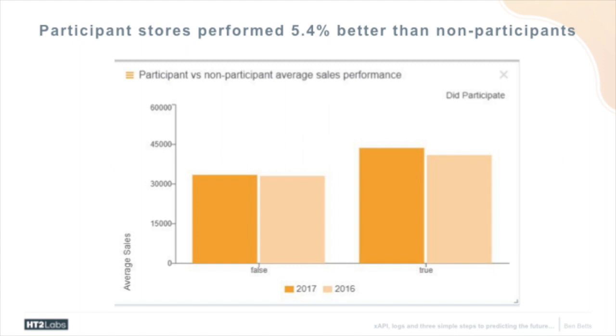Stores that did not participate in the blended learning program and stores that did participate in the blended learning program. And between them, we have data from average transaction values from 2016 and average transaction values from 2017. And we actually see, although both go up, that the difference in those stores that participated was significantly higher than those that did not.